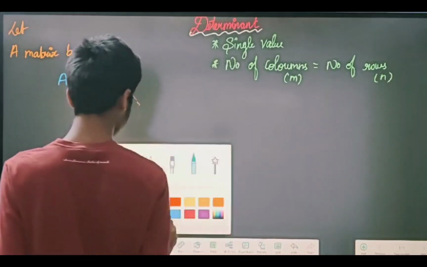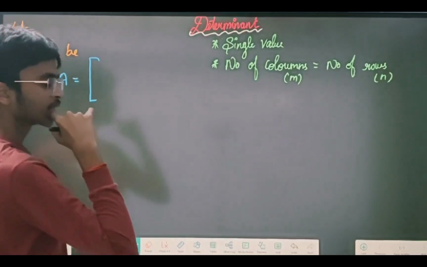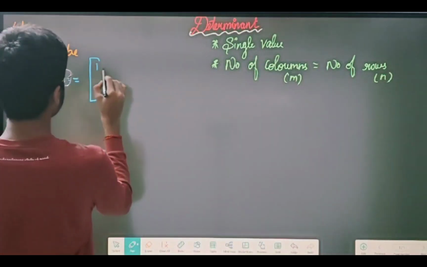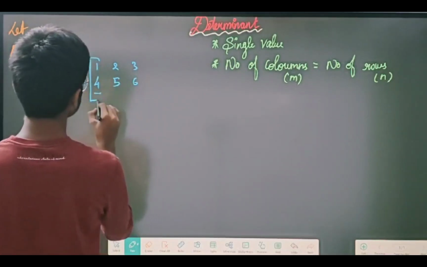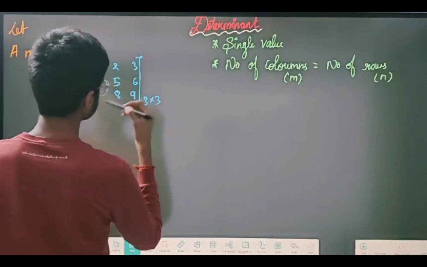So this is the matrix A. I'm going to consider a 3 by 3 matrix. So let it be 1, 2, 3, 4, 5, 6, 7, 8, 9, which is 3 cross 3.